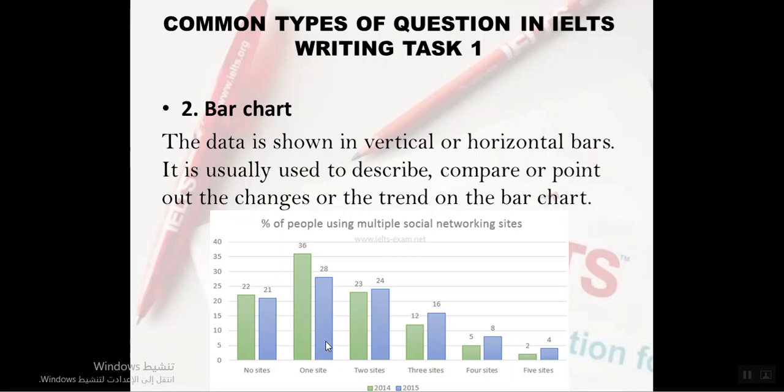You're going to continue comparing and pointing out the change and the trend, which means the highest thing in this chart. What is the highest thing? You're going to see it here: 36% of the people using one site in 2014. Okay.